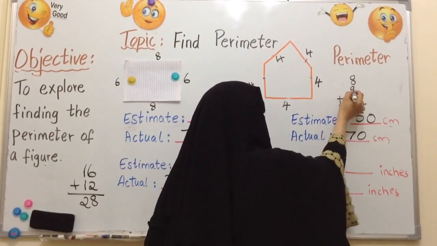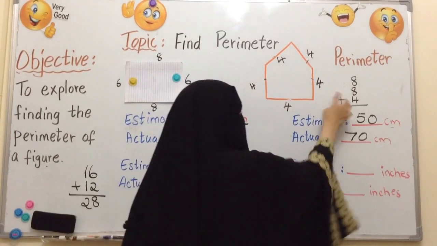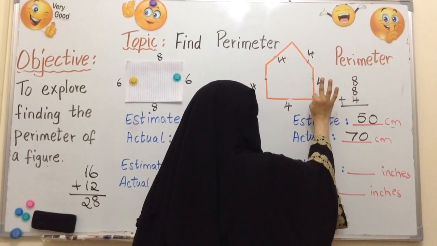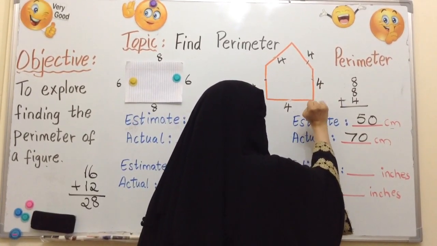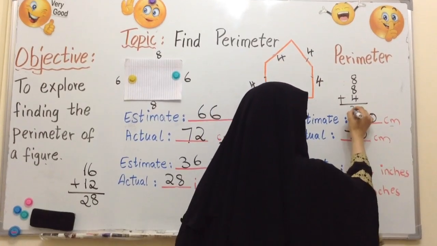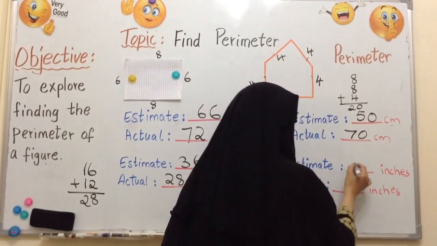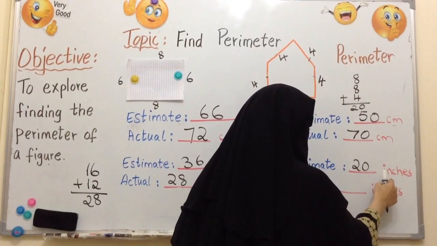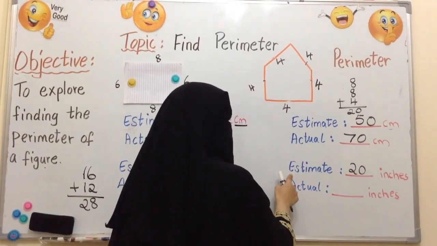Now 8 plus 8 is 16. 16 plus 4, 17, 18, 19, 20. So this one is about 20 inches, which is an estimate.